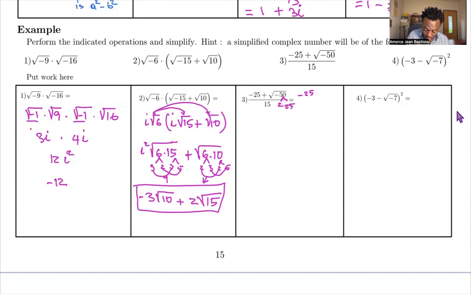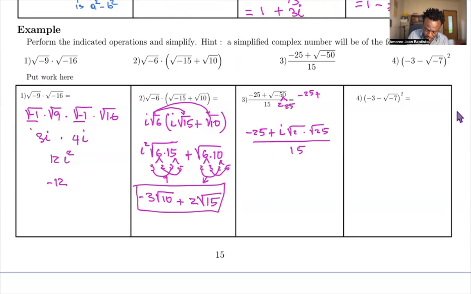So that is -25 plus square root of -1, or just i, square root of 2 times square root of 25 over 15.